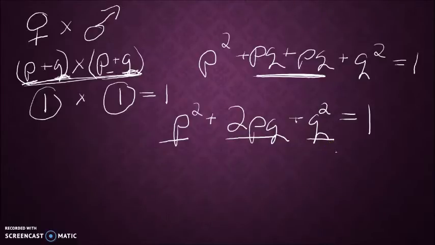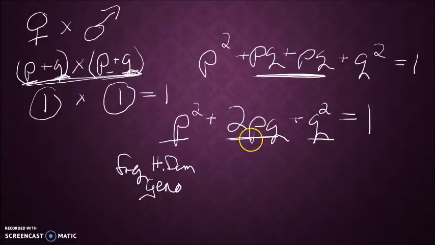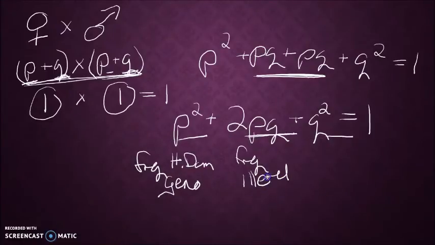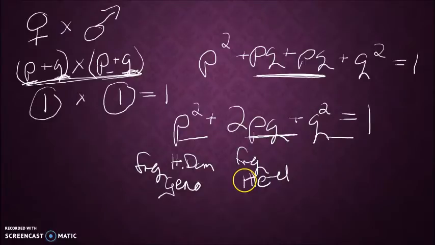If p indicates the dominant allele, p squared is going to be the frequency of the homozygous dominant genotype. 2pq, since we have one p and one q, is going to be the frequency of our heterozygous genotype.